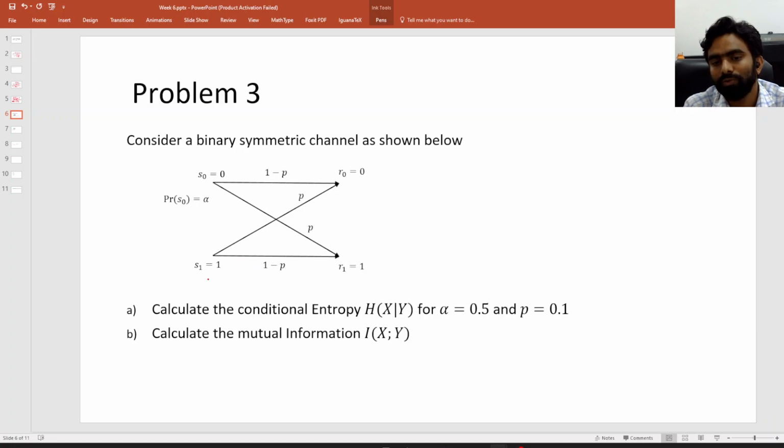You have to calculate the conditional entropy H of X given Y for alpha equal to 0.5 and p equal to 0.1, and for the same values you have to calculate the mutual information I of X comma Y. This is a simple question. You can directly solve it by using the formulas given in the video lectures, or you can also derive them because it will not take much time.